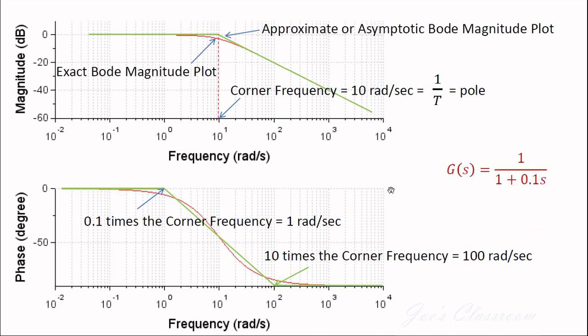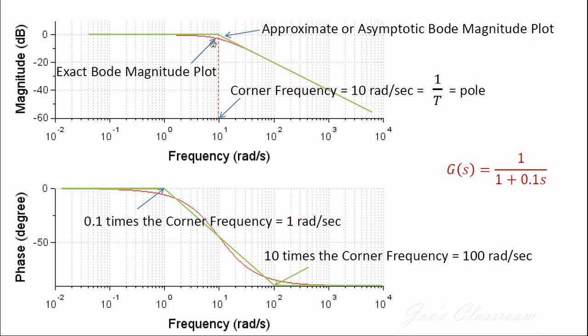So now we understand that when it comes to the Bode plot of transfer functions with non-zero poles, there is an exact Bode plot and there is an asymptotic Bode plot. Of course, the asymptotic Bode plot is a bit approximate in certain regions.